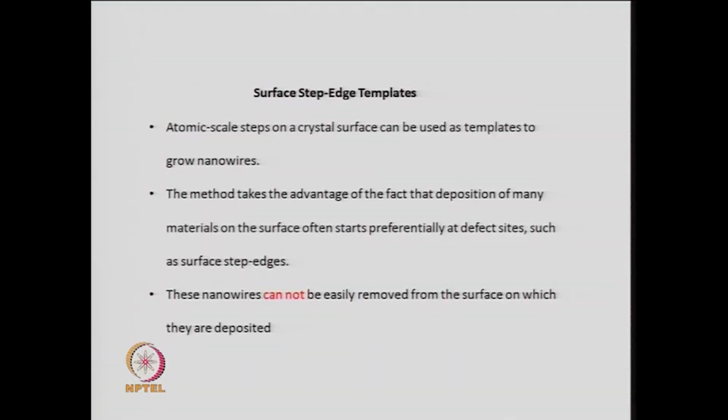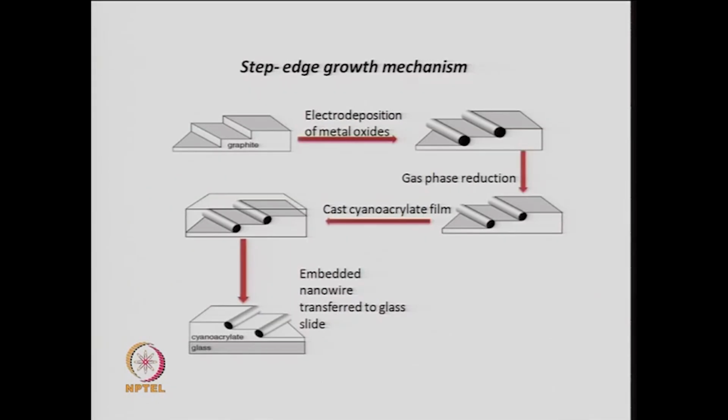We know that in many crystal growth texts, you may see nucleation occurs in these kinks and steps, and that knowledge is used to create nanowires on these steps. One disadvantage of this method is that the removal of the nanowires is not so easy compared to the methods we discussed earlier. So, this is an example of a step edge growth mechanism.